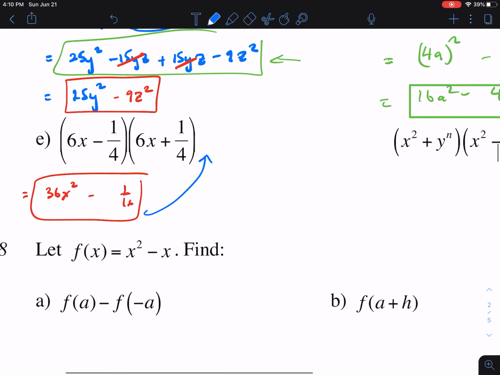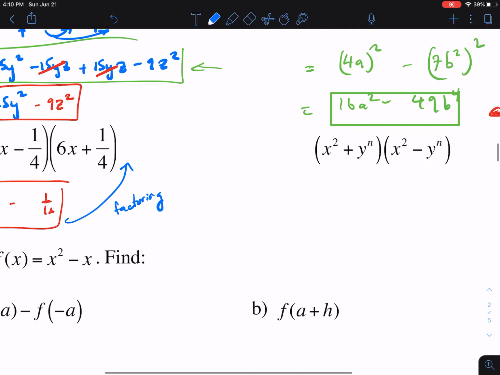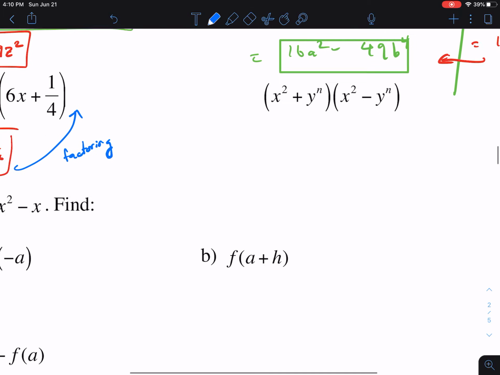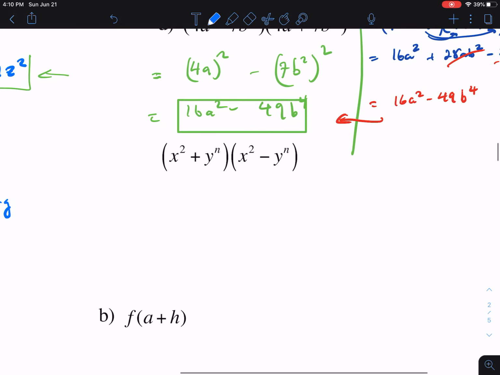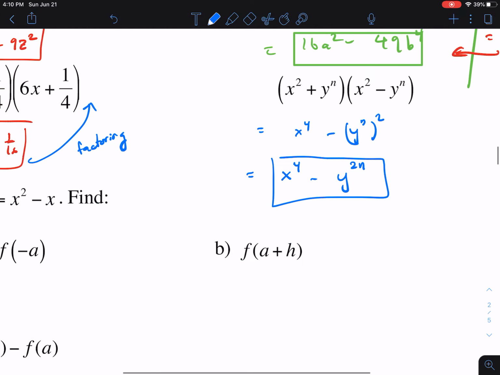The step going backwards is called factoring. All right, last example: we get x to the fourth, and then the square of y to the n is y to the 2n, using the exponent property.